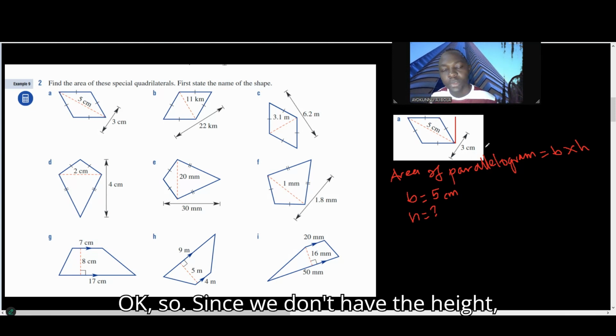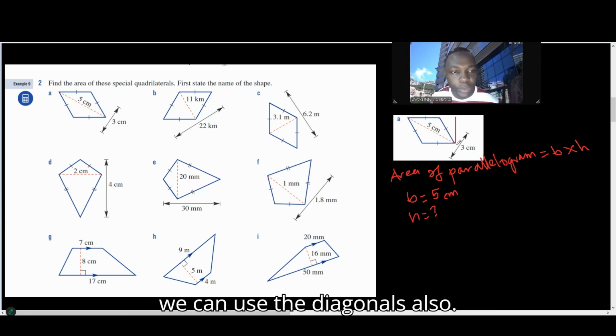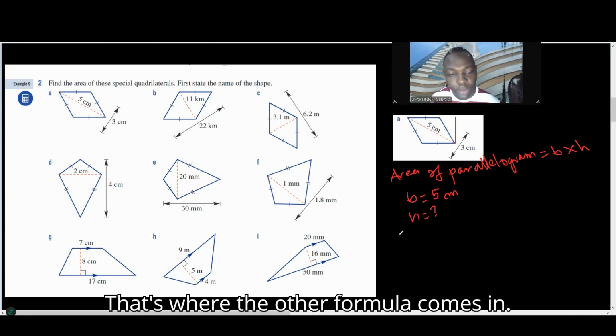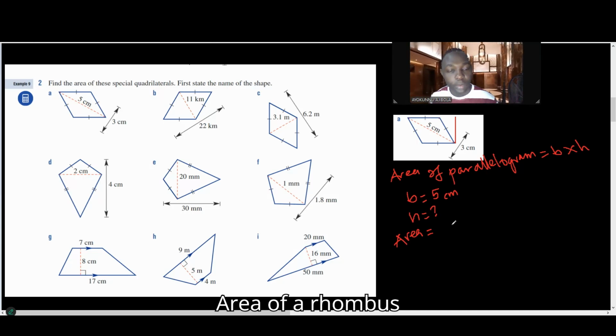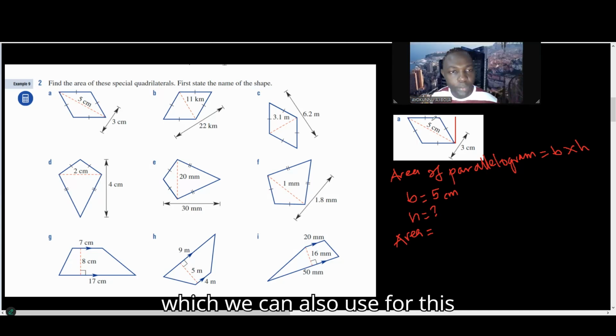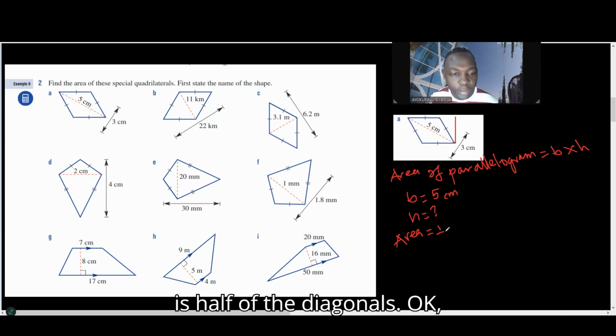Since we don't have the height, we can use the diagonals. That's where the other formula comes in. The area of a rhombus, which we can also use for this, is half of the diagonals.